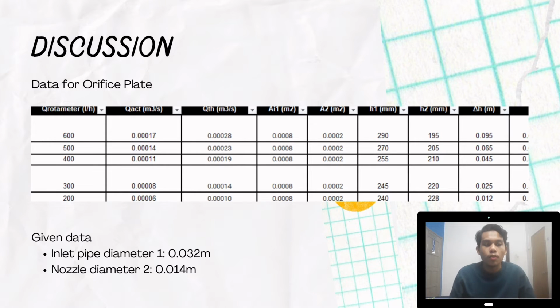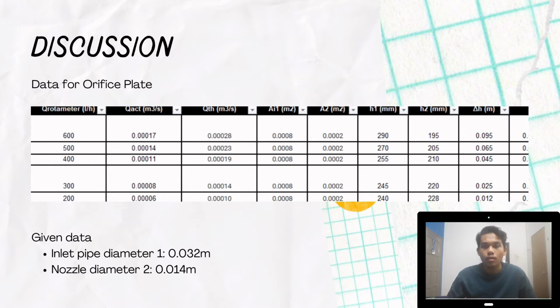Okay, so for the data for the nozzle, same as the previous one, the rotameter is given but in liters per hour, so you need to change the unit to cubic meters per second, same as previous. And then Q theory uses the formula given, and for A1 and A2, the inlet pipe diameter is given and the nozzle diameter is given, so we can find A1 and A2.